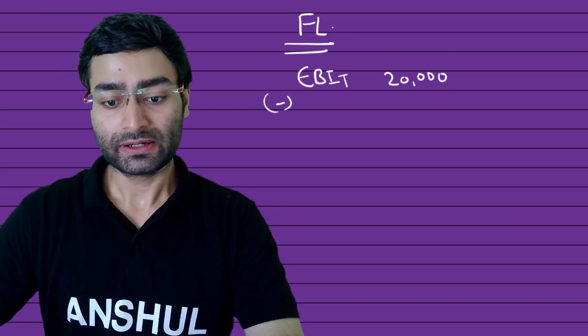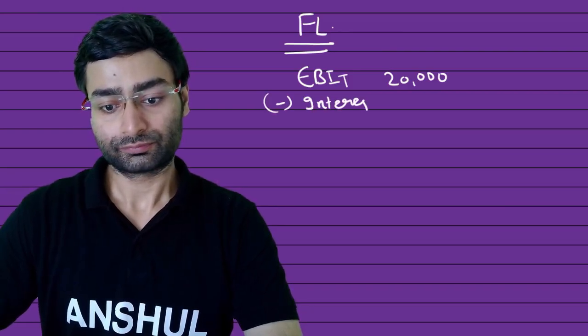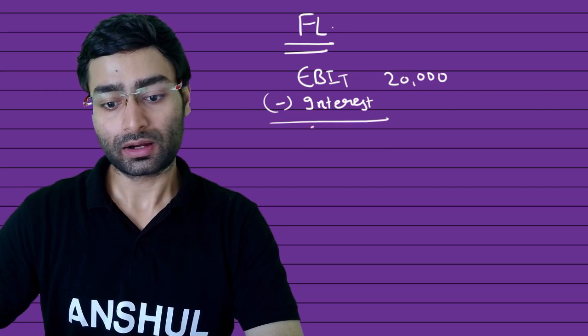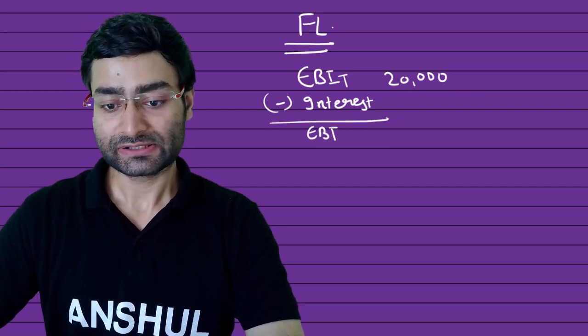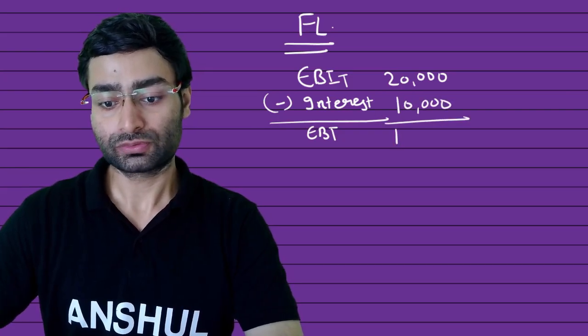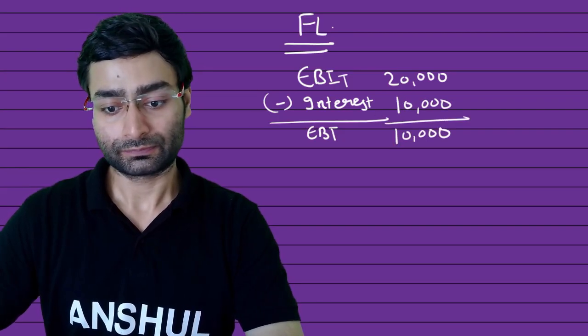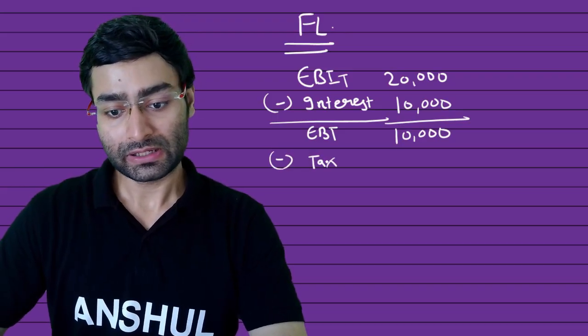If I deduct interest expenses from EBIT, I get my EBT, earning before tax. For example, interest is 10,000, so my EBT comes to 10,000. I will deduct tax expenses from EBT.